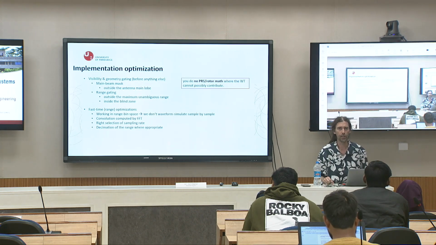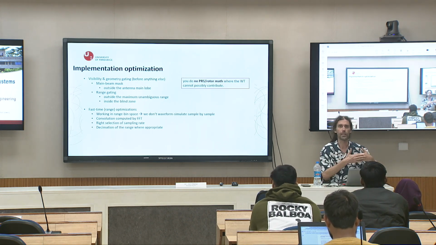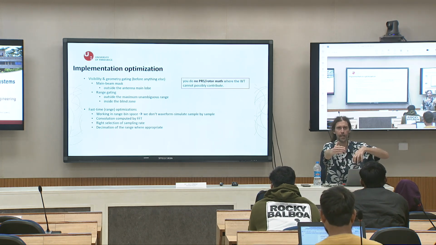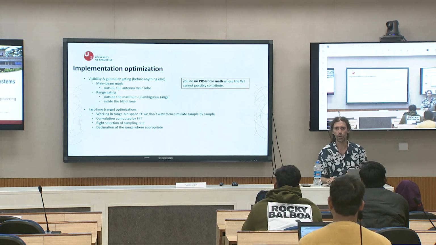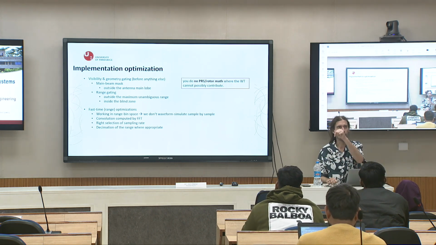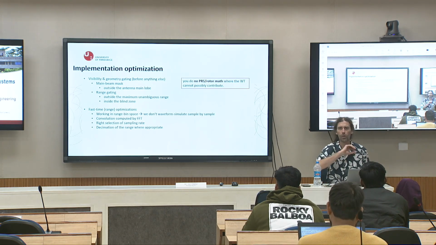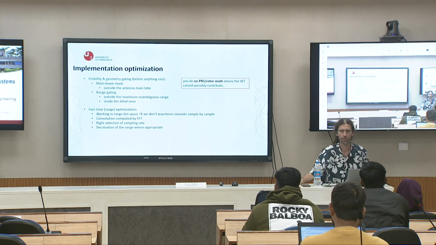And first I will check where the wind turbines are, where my radar is, what is the range of my radar, what is the blind zone of my radar, and then check in which cell the wind turbine is visible, and ignore everything else.